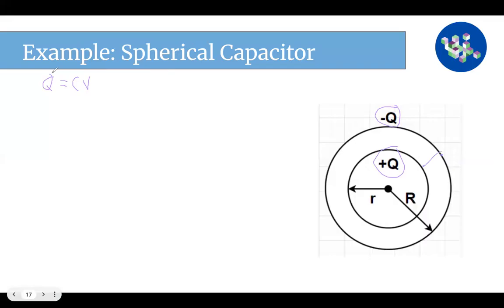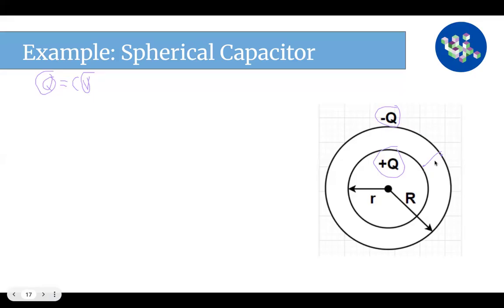I know what the charge Q is, since we're given that. So we just want to find the potential difference from the inner sphere to the outer sphere. That's what we're trying to find in this problem.